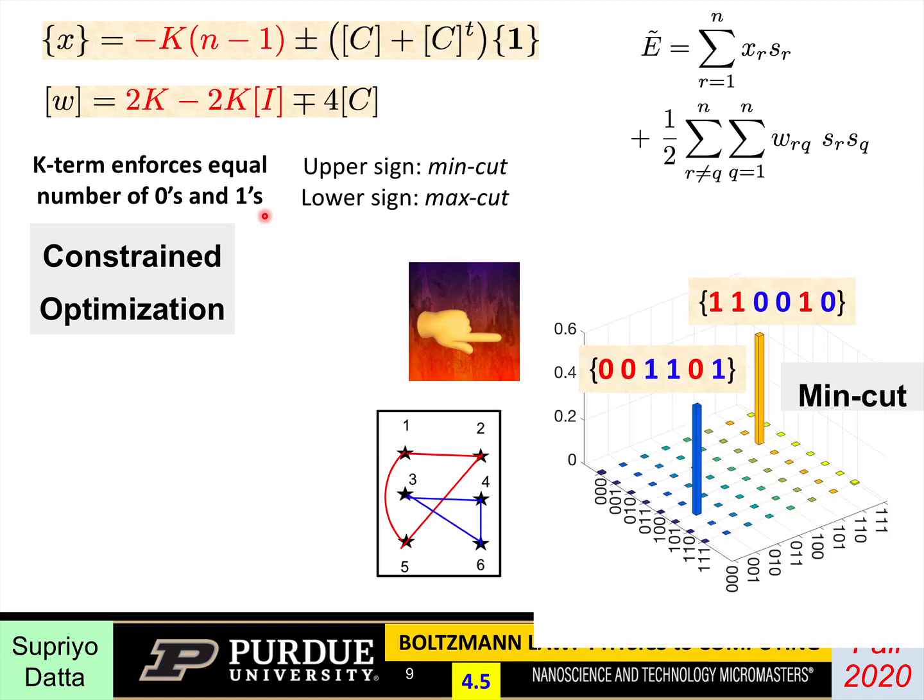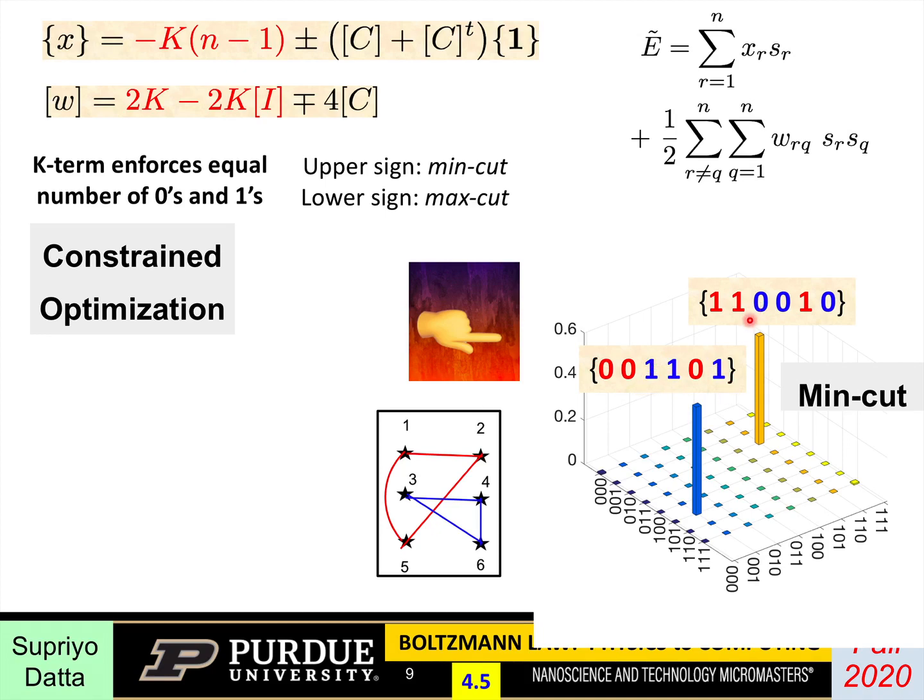Now, what we showed was that if you consider the min cut problem, for example, you'd find that the highest probability or lowest energy peaks are the following configurations, which are kind of equivalent. It's just that the zeros here are replaced with ones there. When you look at that 0, 0, 1, 1, 0, 1, what it tells you is one group should be 1, 2, and 5, those are the zeros, and another group should be 3, 4, and 6, which are the ones.